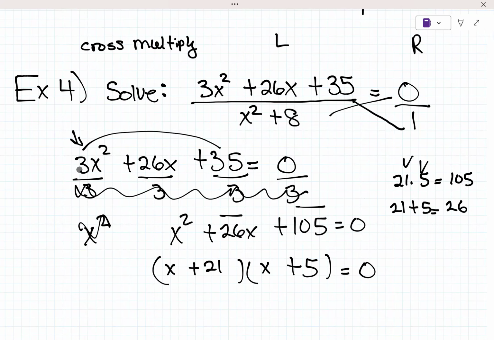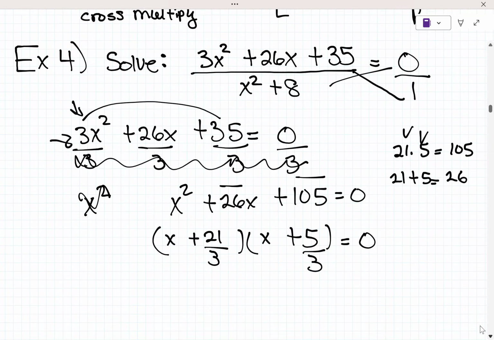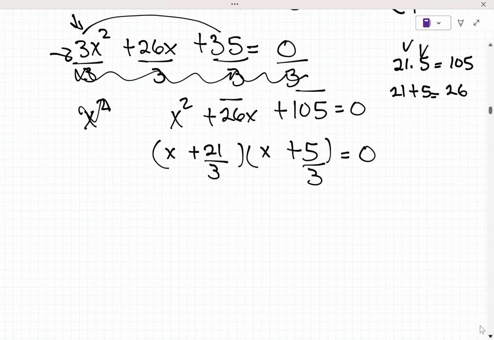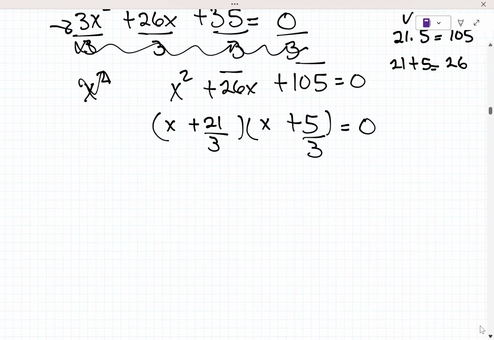Okay, so then continue. Remember with bottoms up, you're going to divide 21 and 5 by your original a value, right? 3. What is 21 divided by 3? 7. Now, 5/3 is a fraction. I don't like fractions. Can 5/3 be reduced?